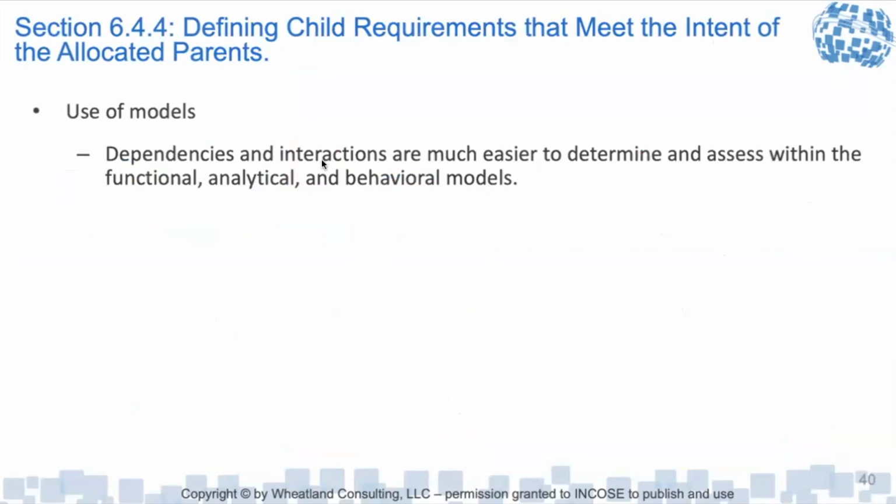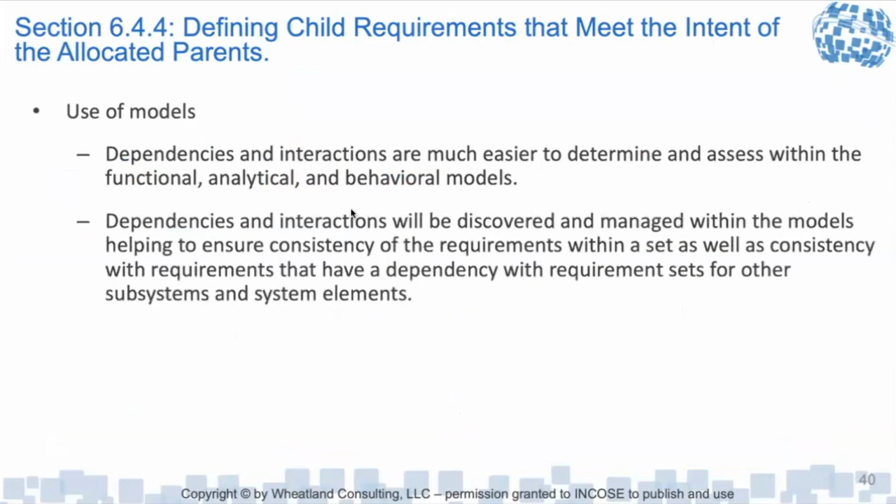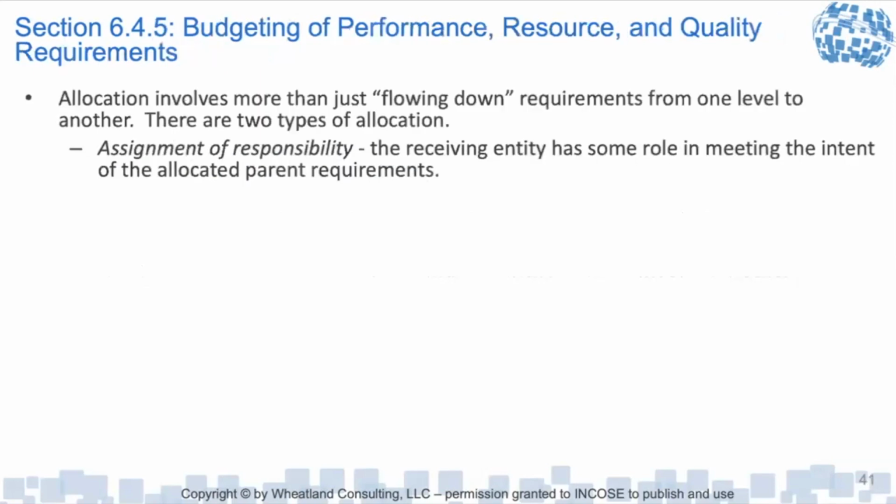Much easier when we're using SysML models, the various different kinds of models, and all those dependency interactions can be discovered and managed within the models, helping to ensure consistency of the requirements within the set, as well as consistency with the requirements that have a dependency with the requirement sets of other subsystem elements.